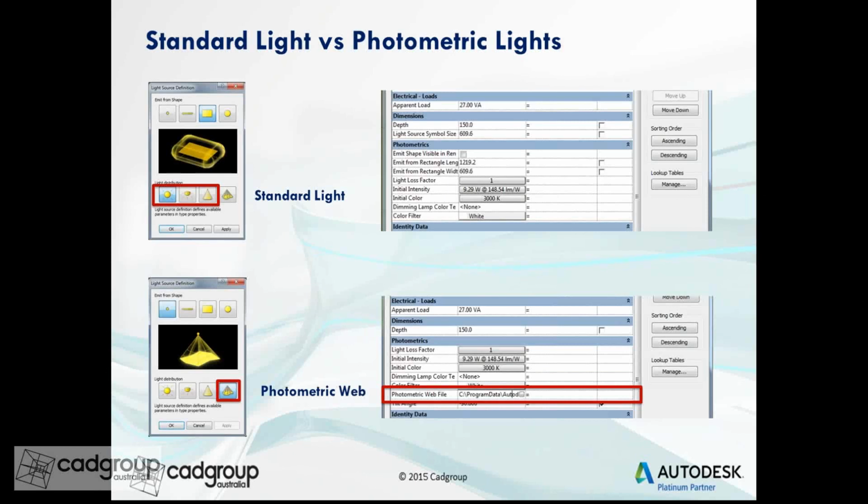Now, the standard lights generally have three different light sources: a point emitter, a spherical, or a cone. In that information, you can add your custom values if you want to. Or we can use a concept called photometric web files. That's a digital file you can download directly from the manufacturer, where we do not have to change any of the light source definitions.